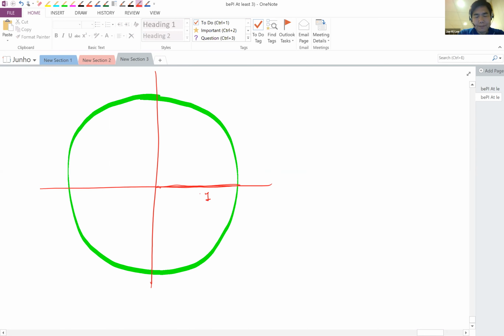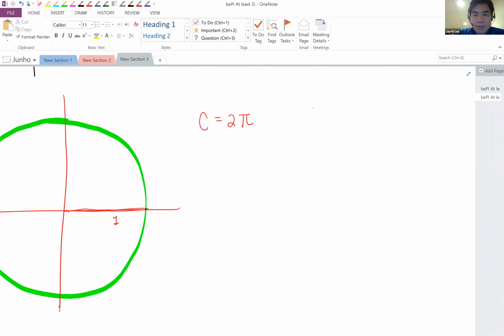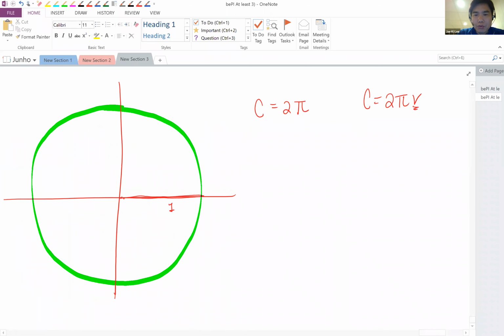Now, what's the circumference of this circle? 2 pi, right? Yeah, 2 pi, because the formula is C equals 2 pi r, but r equals 1, therefore the total circumference becomes 2 pi.